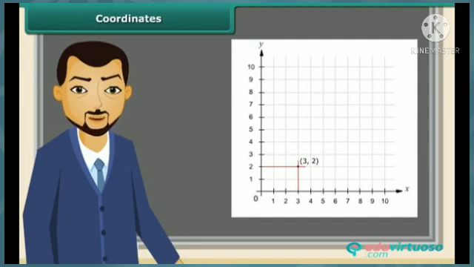In a graph sheet we draw x and y axes conveniently and then fix the required point. 3 is called the x coordinate of the point. 2 is the y coordinate of the point.